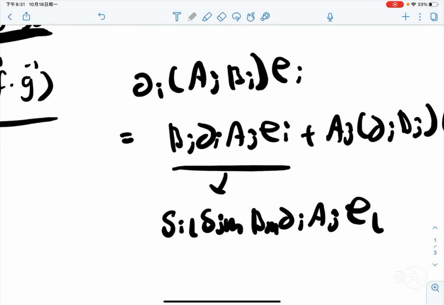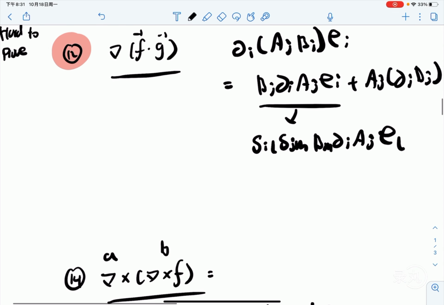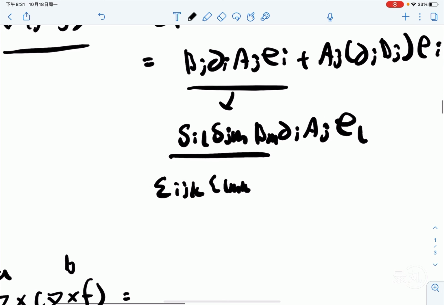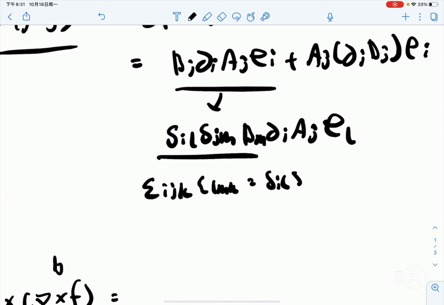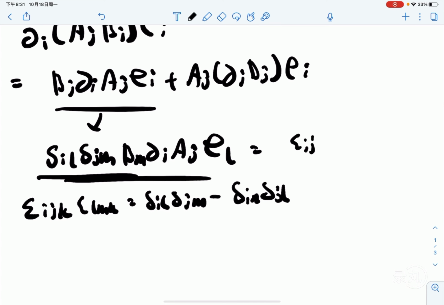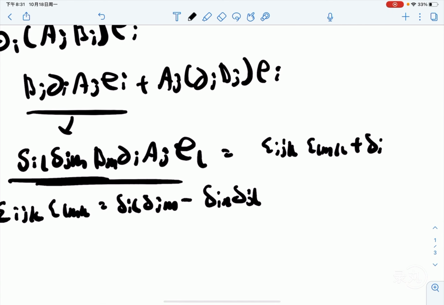So moving on, we can see this term, and there's a formula for ijk, lmk is equal to il jm minus im jl. So this term is equal to IJK LMK plus IM JL.